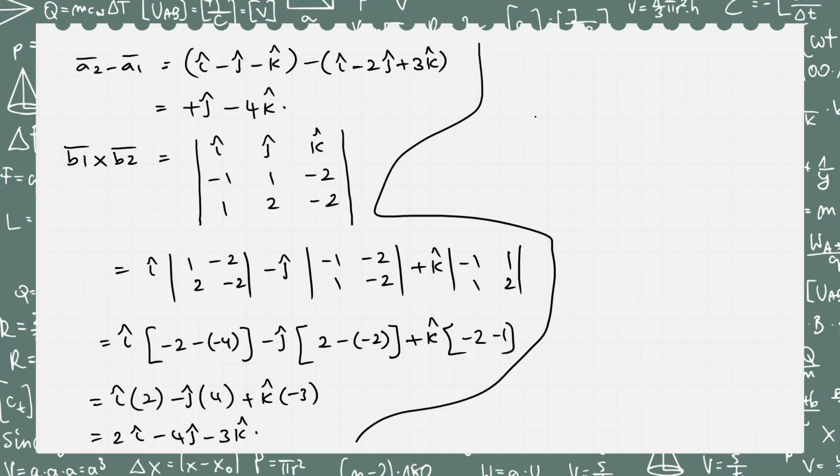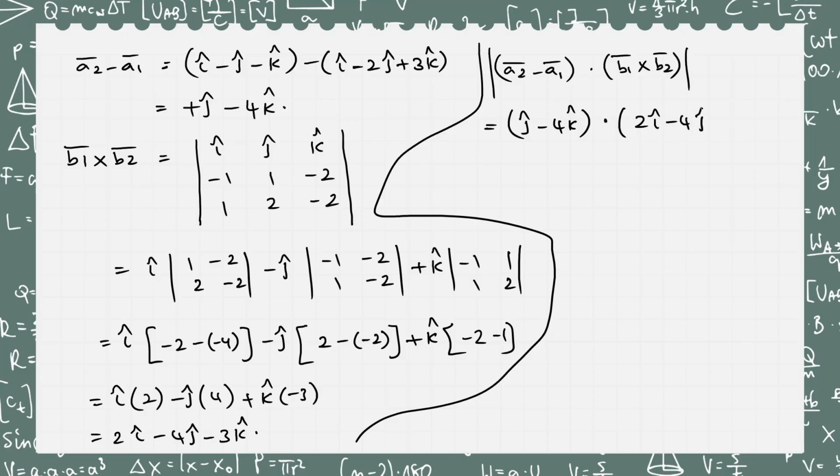Now we need to do a2 minus a1 dot b1 cross b2, and we need to find the modulus of this also. The dot product between a2 minus a1 and b1 cross b2 will be j minus 4k dot 2i minus 4j minus 3k.